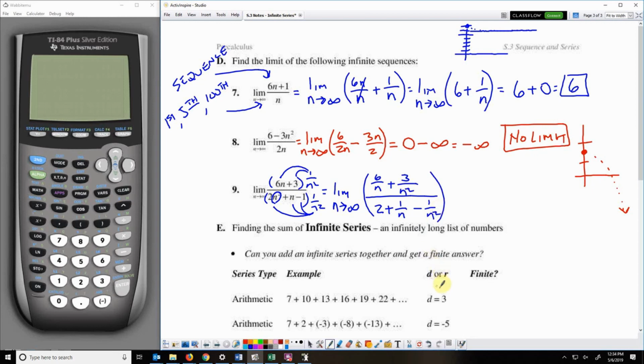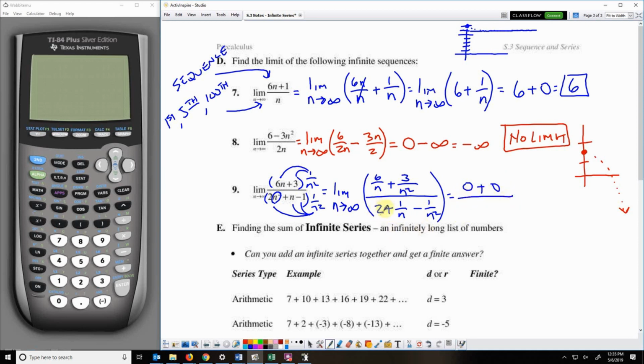Now I'm going to find the limit for each term inside of this fraction. So as n gets bigger, this denominator gets bigger, which means this portion is going to approach 0. As n gets bigger, this denominator gets bigger. Anytime it's the denominator that's getting bigger, it's going to approach 0.